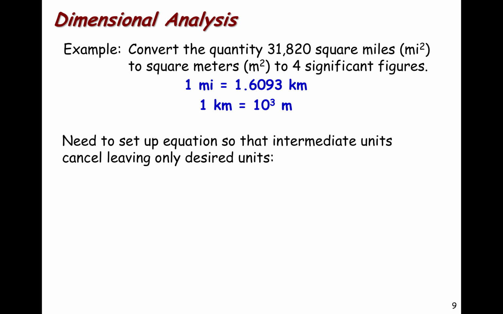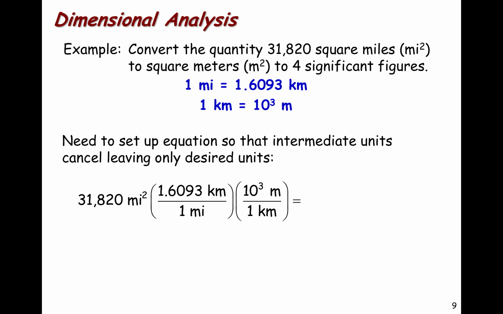Now we need to set up the equation so that we have any kind of intermediate units and canceling. So we start with the given, writing the unit of miles squared. We set up a conversion factor which states that there are 1.6093 kilometers per 1 mile.